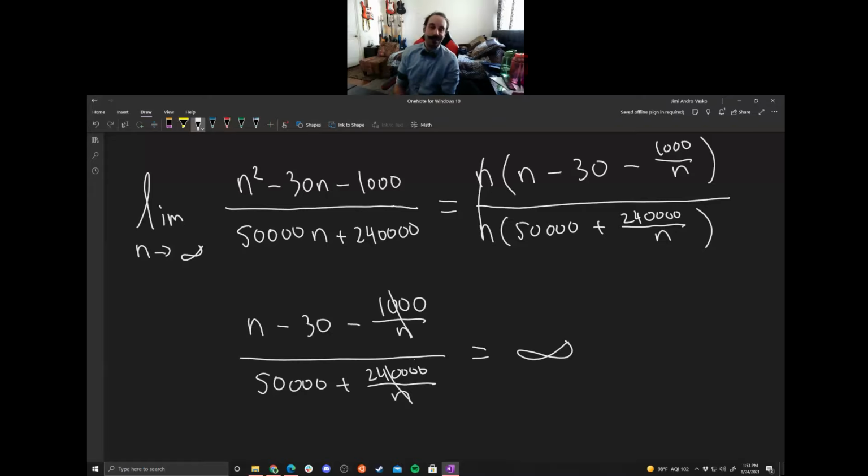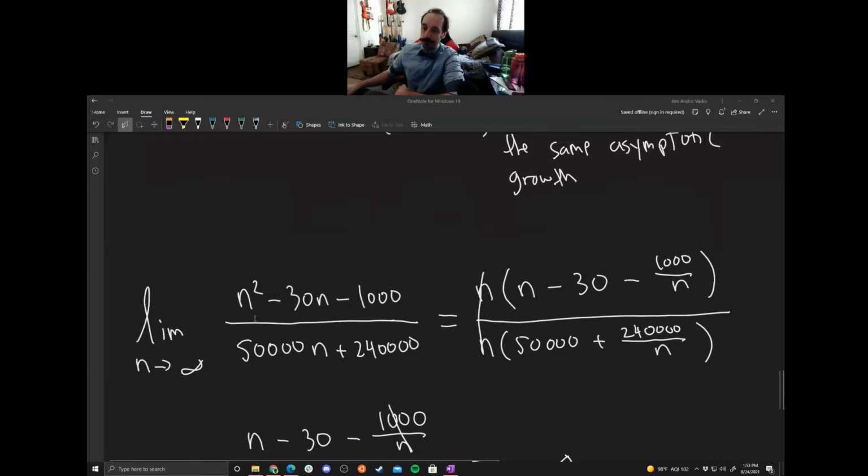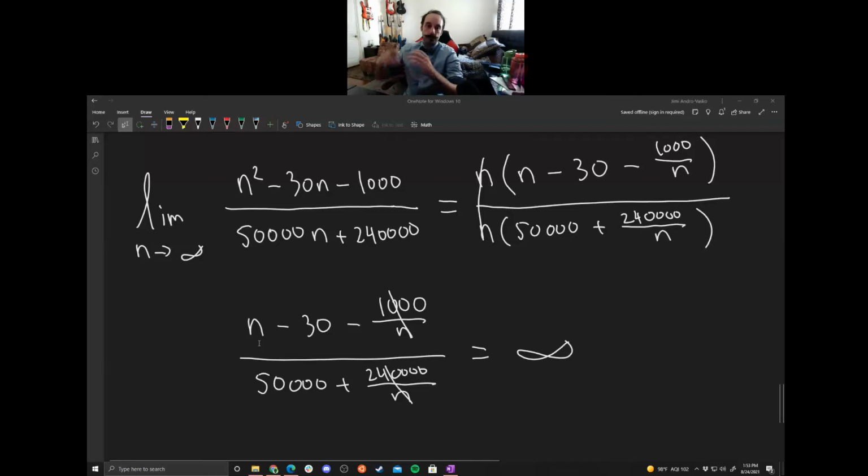I was going to talk about that as well, but with derivatives, you can also do that for some of these. This one we didn't have to because it's a pretty simple example, but for more complicated examples, it would be very nice to take a derivative. You have two functions, f of n and g of n. Take the derivative of the two functions, put them back together, and then see which one is larger or equal.